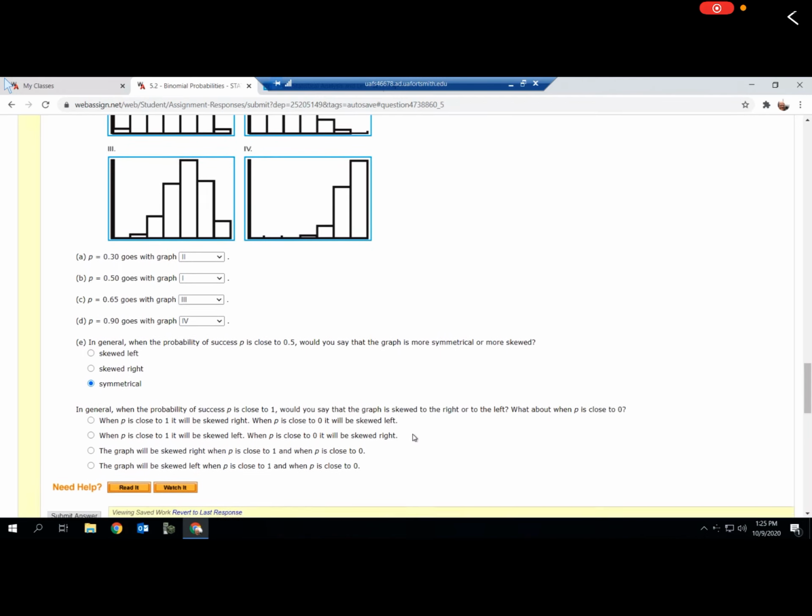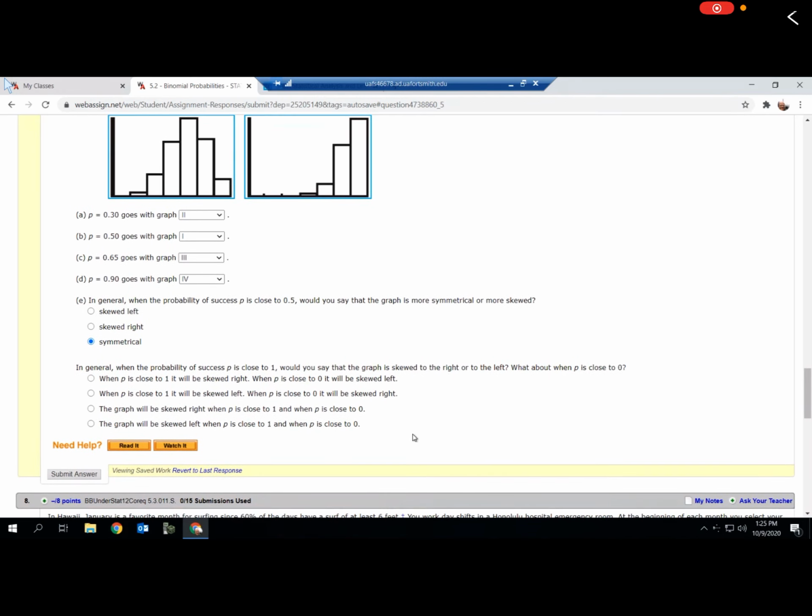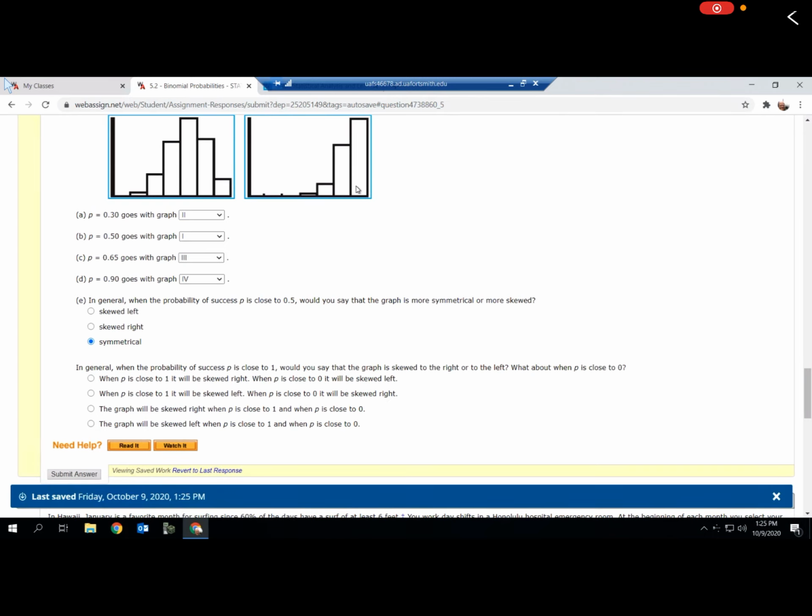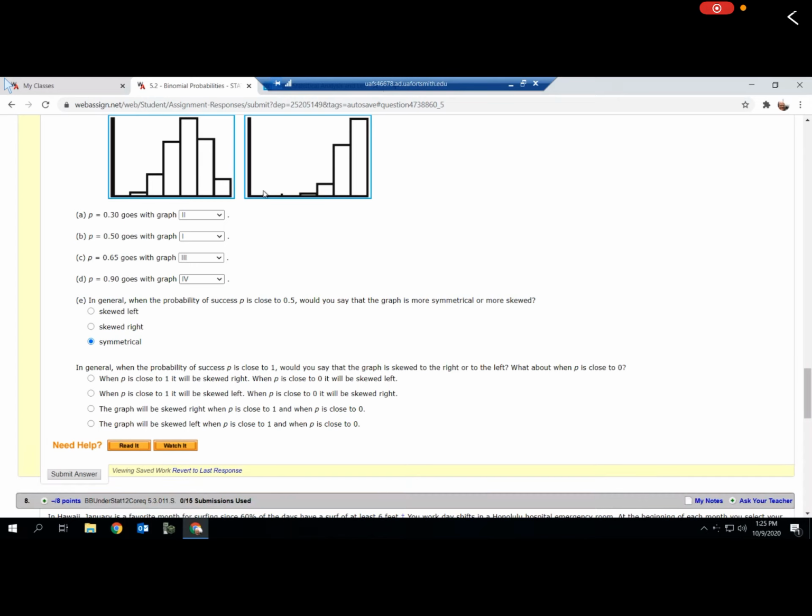When the probability of success is close to 1, then you would have bars highest on the far right end, which makes it skewed left.